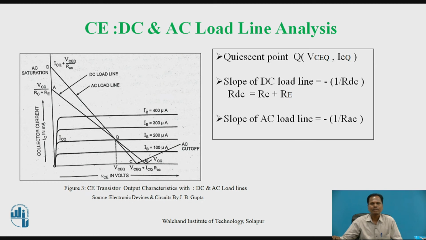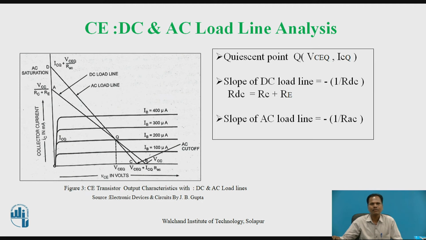So this DC load line contains an infinite number of such DC operating points, bias points or quiescent points, which give the value of DC collector current and DC collector to emitter voltage.